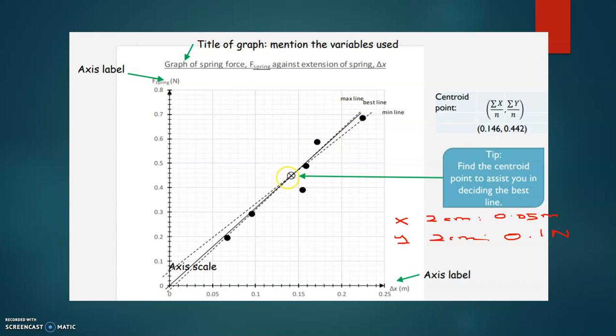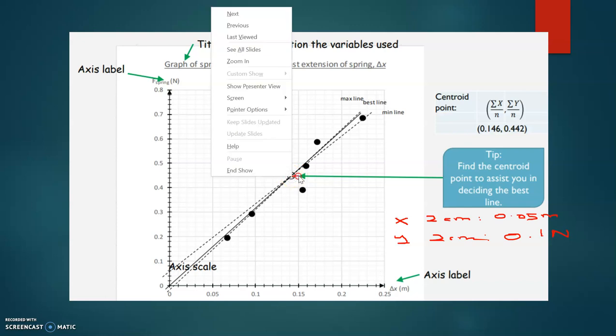The tip is, you should find the centroid, because these lines intercept at the center point. So how do you calculate the center point? Take the sum of the x points.